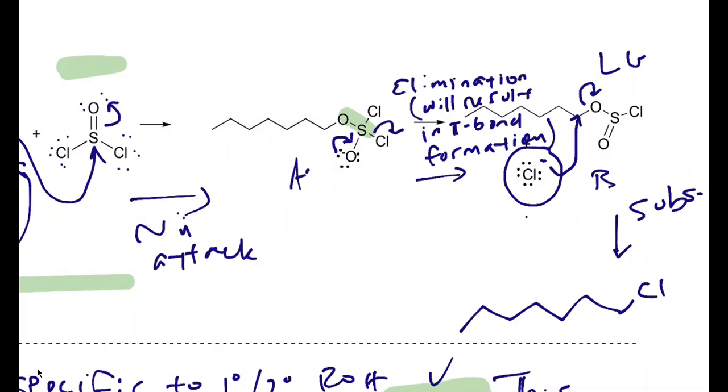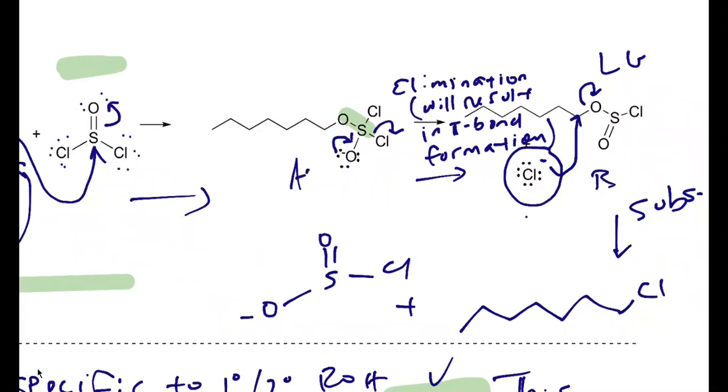Now, let's go back and look at the pyridine part. Once you make the product, you're also going to have this as a side product. Why is it going to be a side product? Well, just think about it. We're doing chemistry, right?